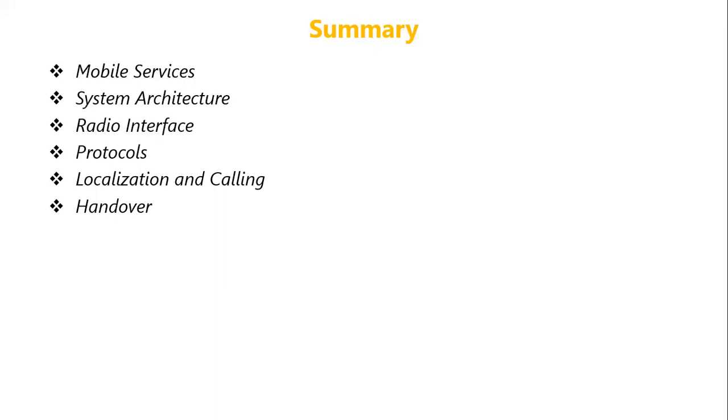In that case, handover happens. Sometimes handover also happens for load balancing. And then we have discussed different types of handover, like intra-cell handover, inter-cell and intra-BSC handover, inter-BSC and intra-MSC handover. All these different types of handover we have discussed. And then we have discussed a timing diagram also for intra-MSC handover.